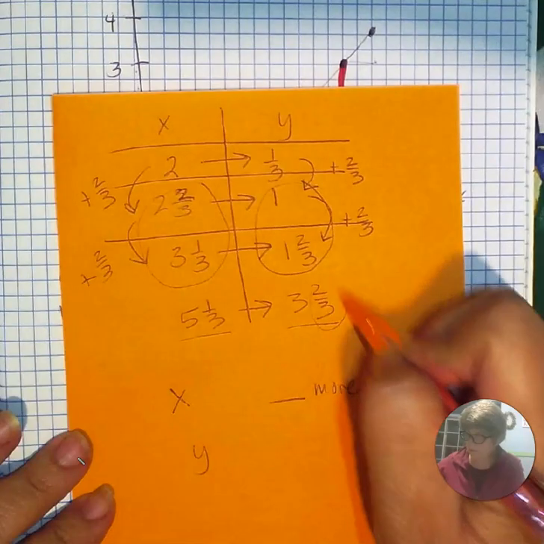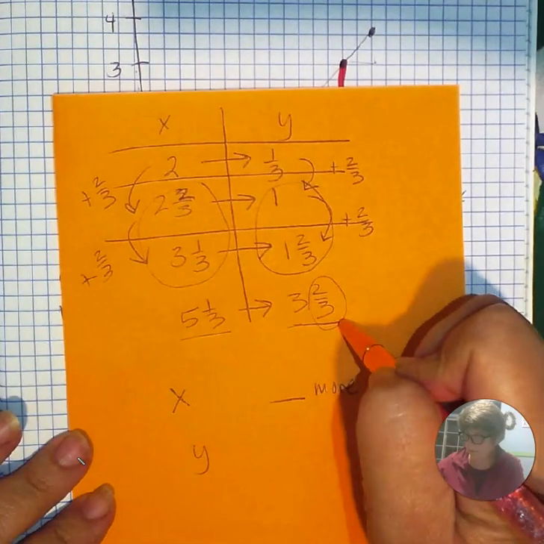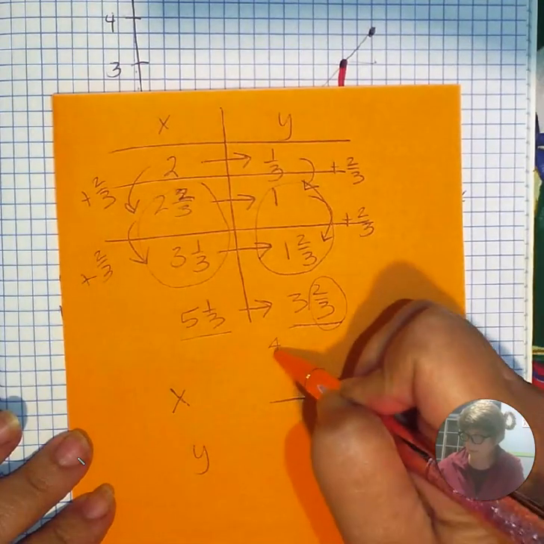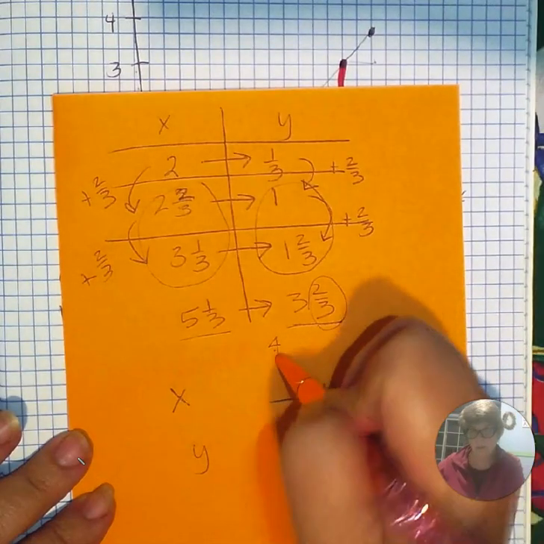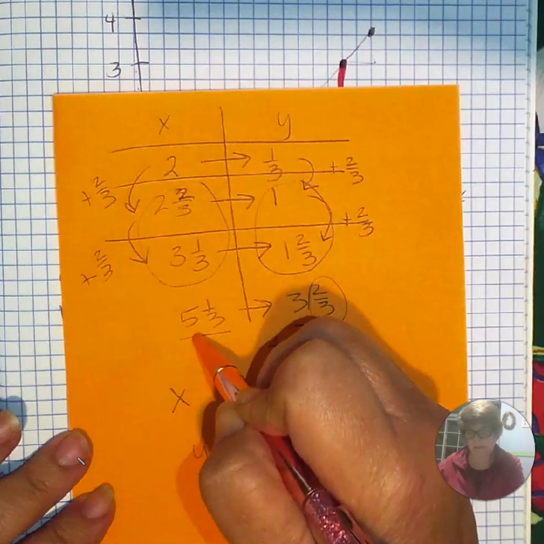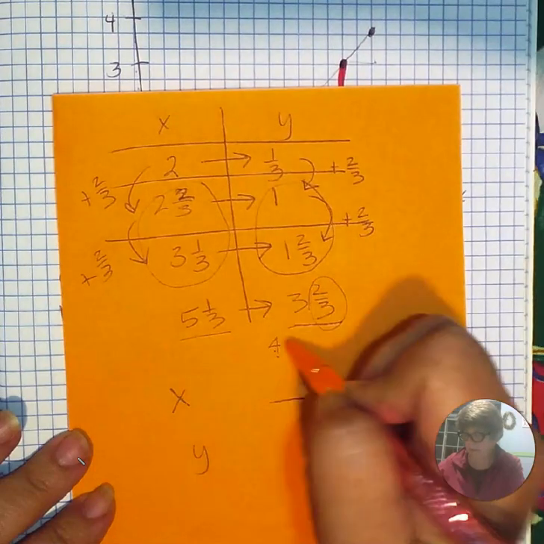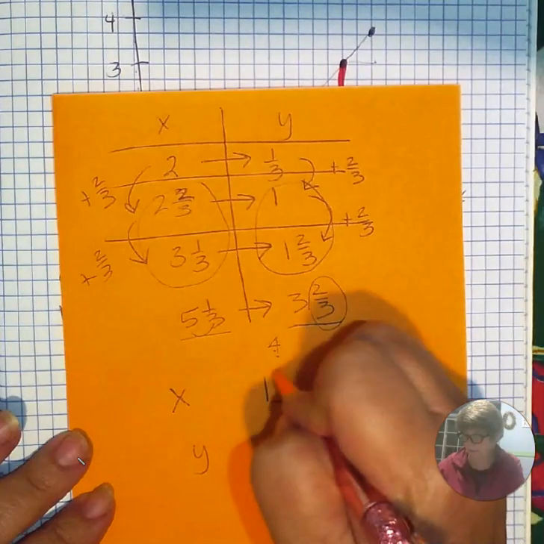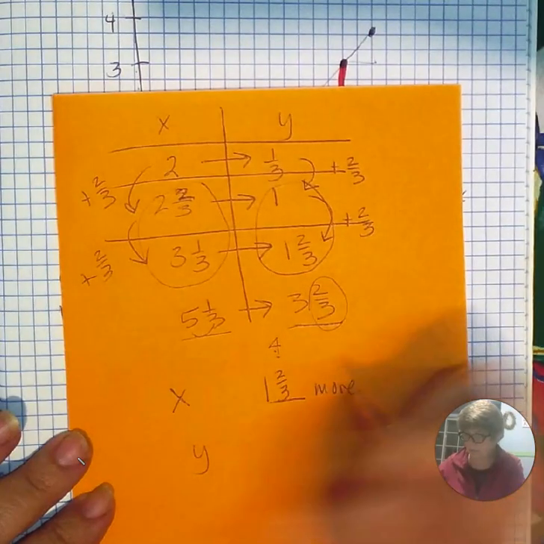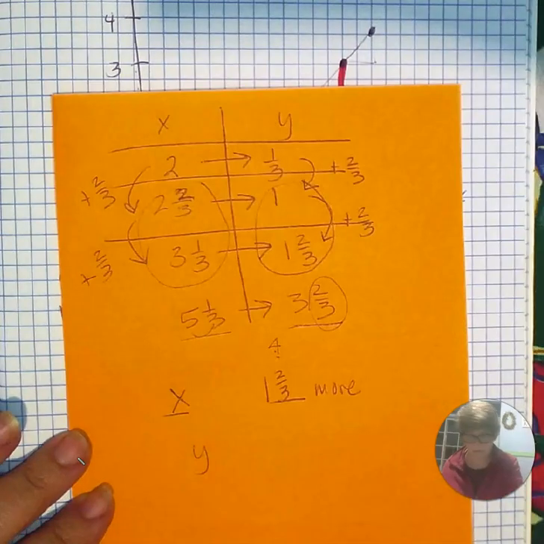Add 1/3 to 3 2/3 and you're going to get up to 4. So that's 1/3, right? Then 4 plus 1 is going to be 5. And 1 more third would be 5 1/3. So 1 2/3. The x coordinate is 1 2/3 more than the y coordinate.